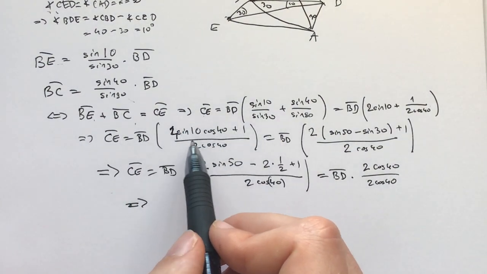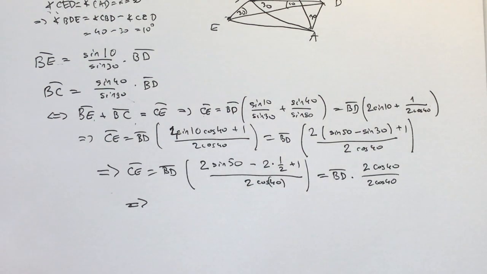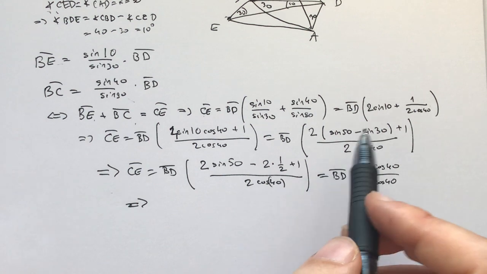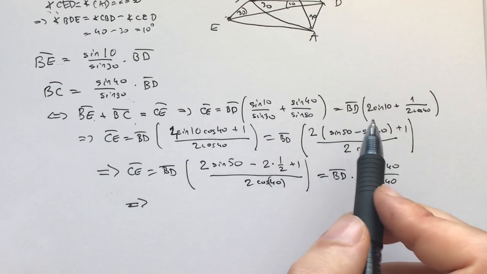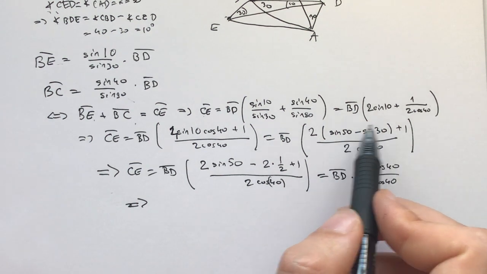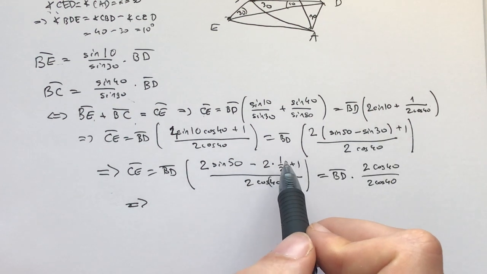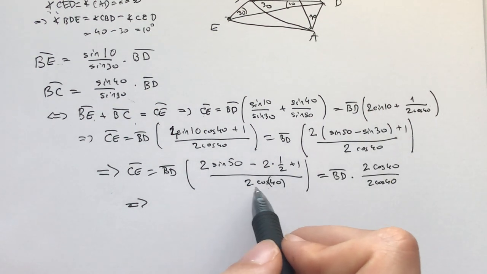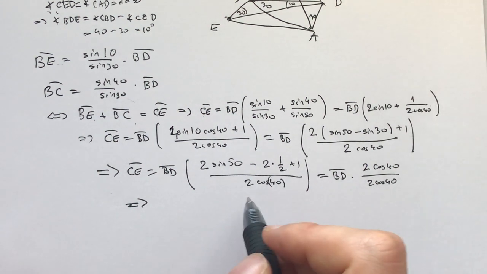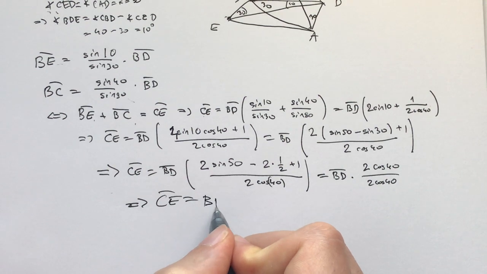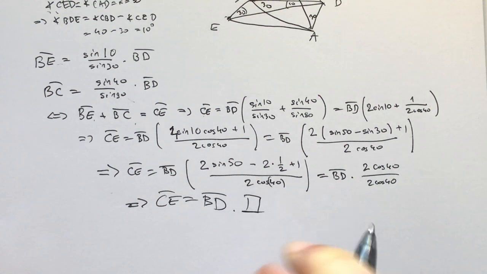Then we use sine of A cosine of B is equal to what? It's equal to sine of A plus B minus sine of B minus A. And then we have this. And then we evaluate sine of 30 as a half. And we get sine of 50 cosine of 40. They are the same. And from here we have CE equals BD, which is what we needed to prove.